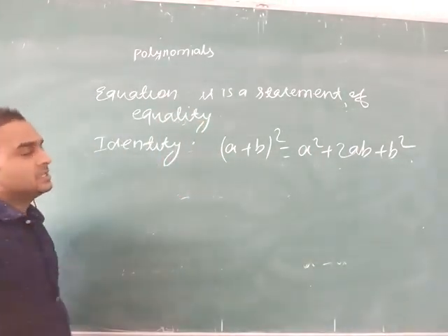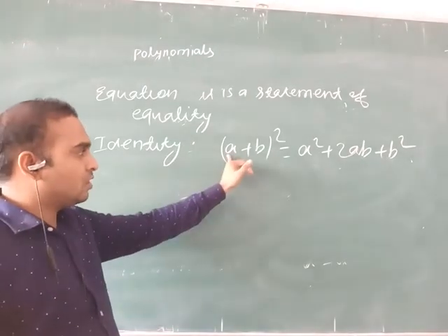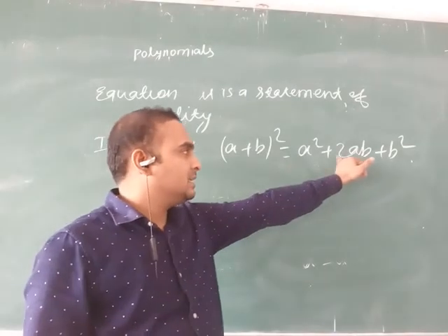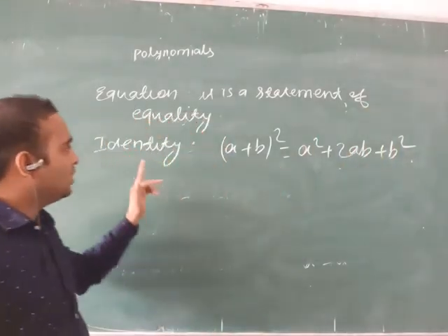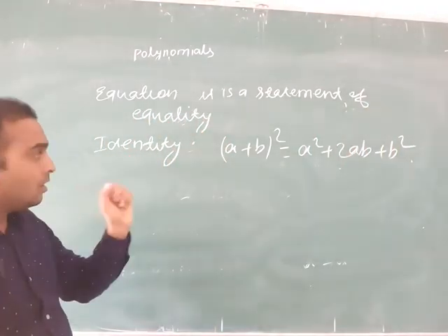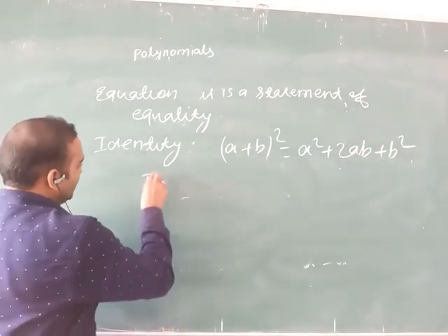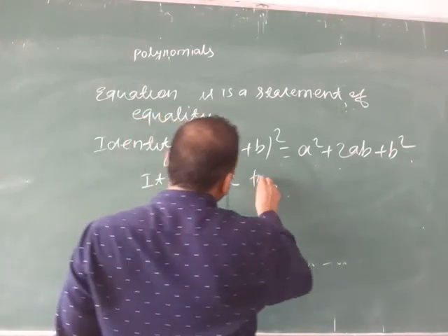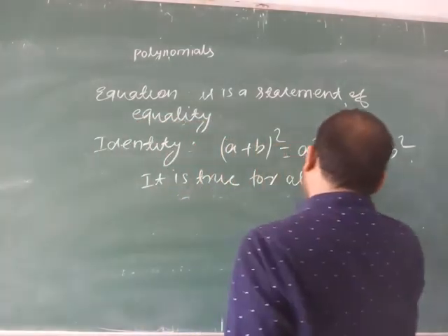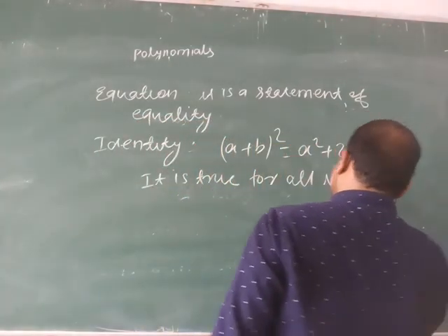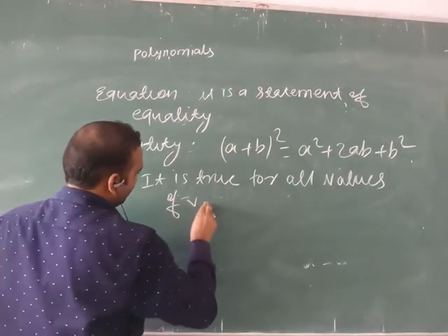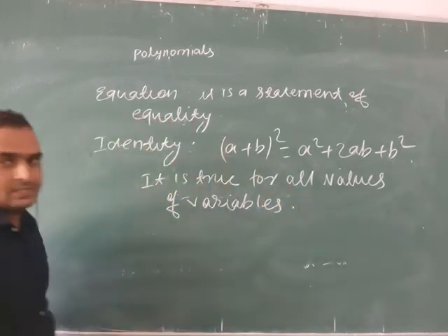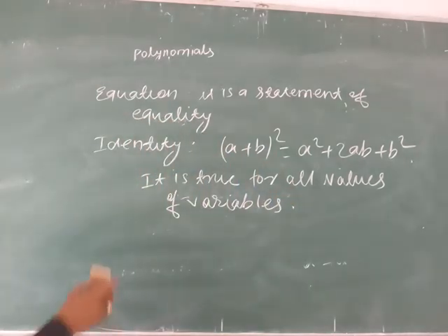That is, if you put any values of a and b, you will get this. So identity is true for all values of variables. Understood?